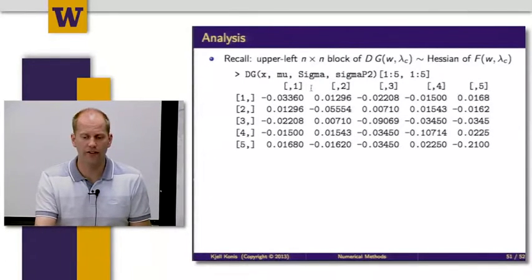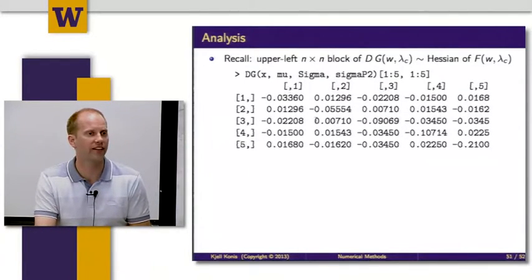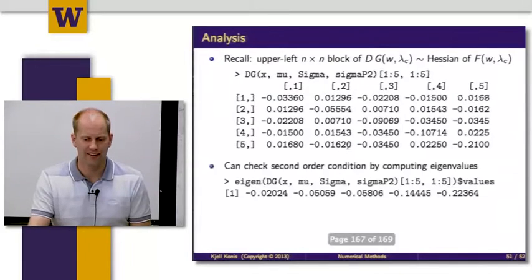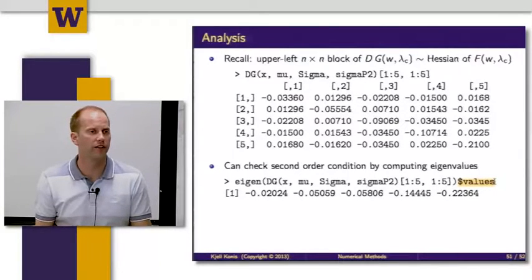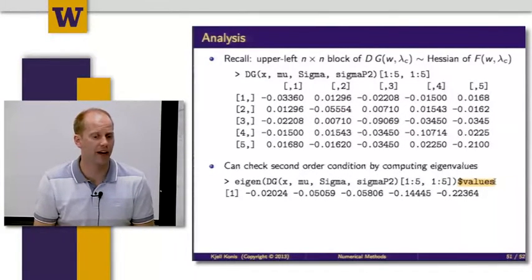Because this is just a matrix of numbers, I can just compute the eigenvalues. I use eigen to calculate them. This is the code to generate this matrix here, and then the $values says it. The eigen function will also give me the eigenvectors, but I'm not really interested in that right now.